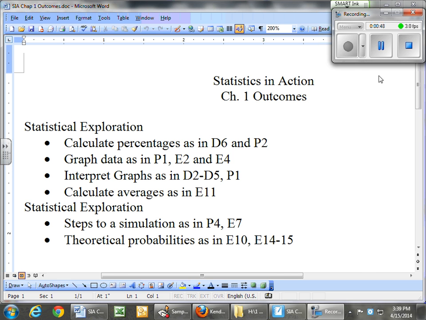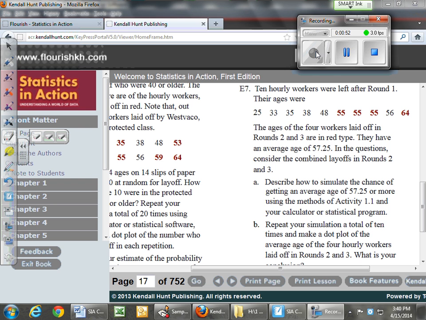So if you could open your books to page 17, question E7. So the beginning part of really all of these questions, they already did for you on E7, and that was to make that observation, to do your exploration that we've done before.